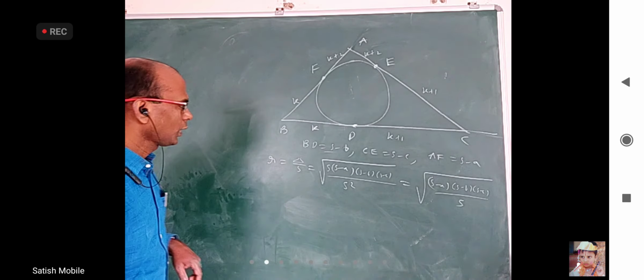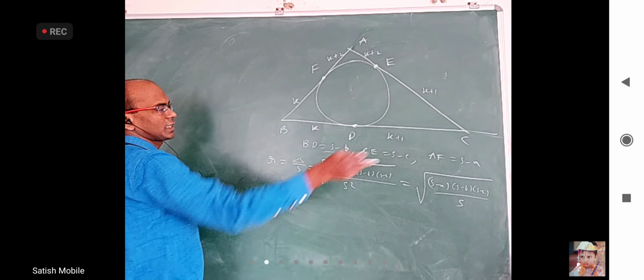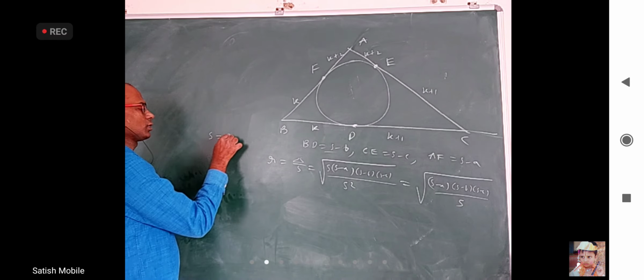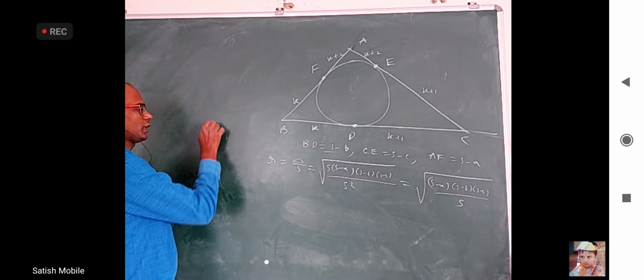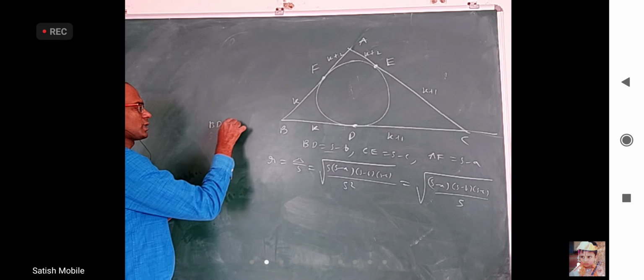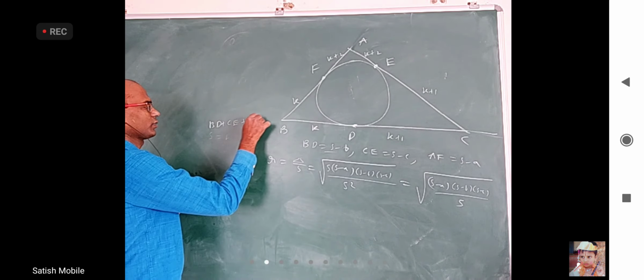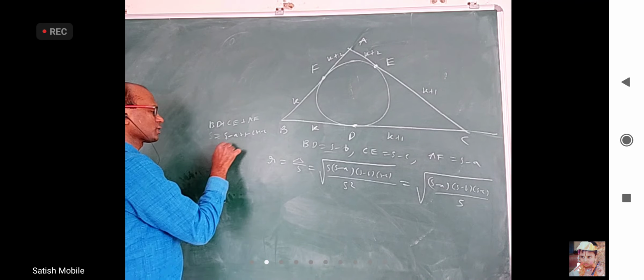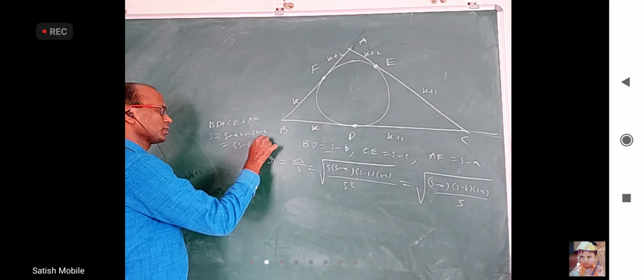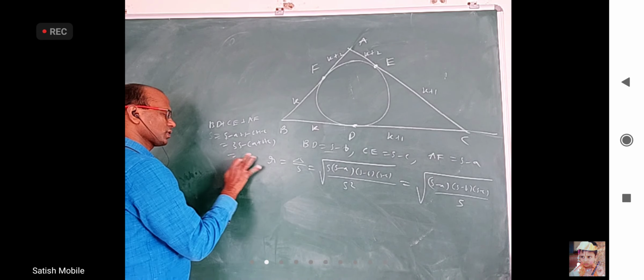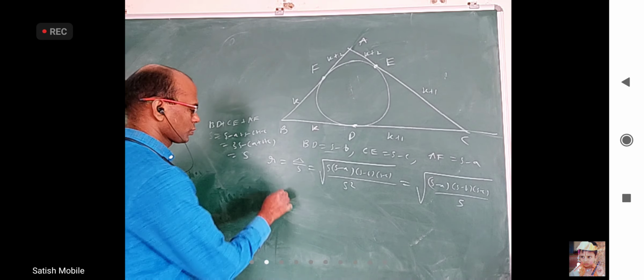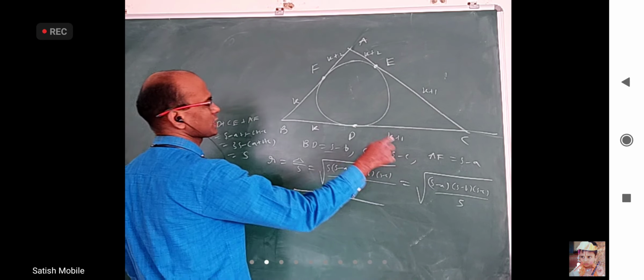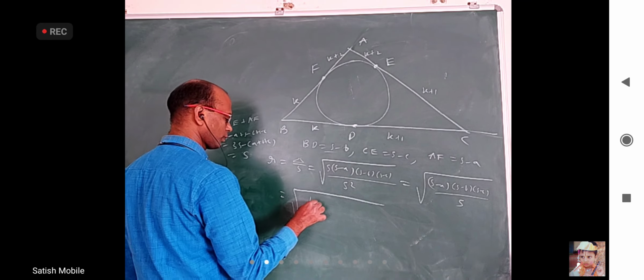How will you find S? When you add all these things, you will get S. If you take BD plus CE plus AF, which is S minus A plus S minus B plus S minus C, 3S minus A plus B plus C, that will be S. So in this, what is S minus A? K plus 2.